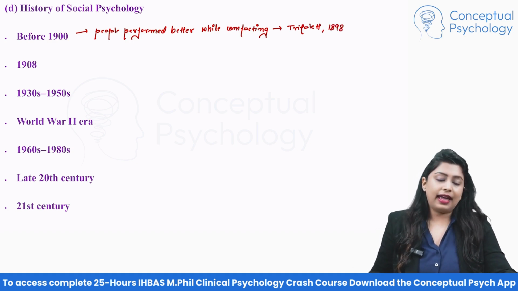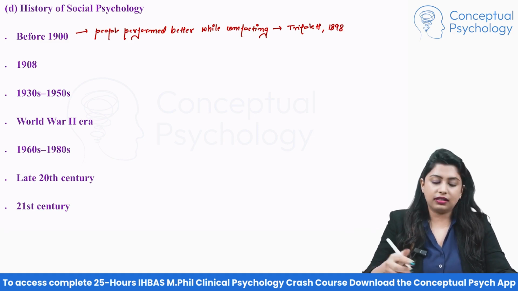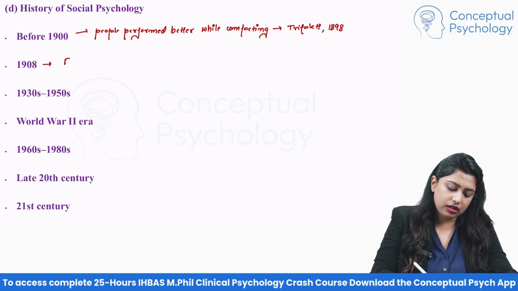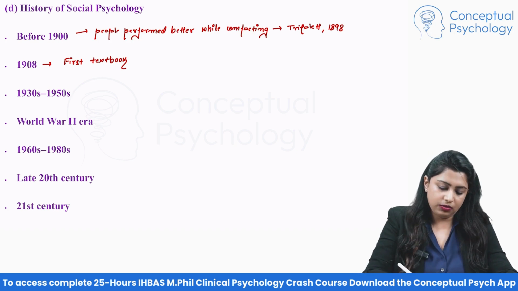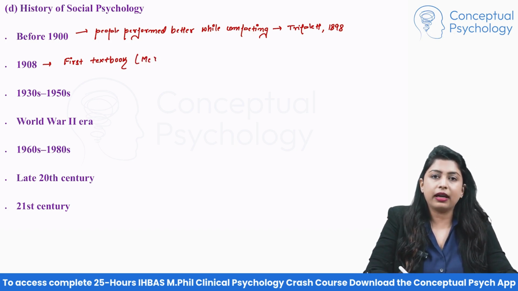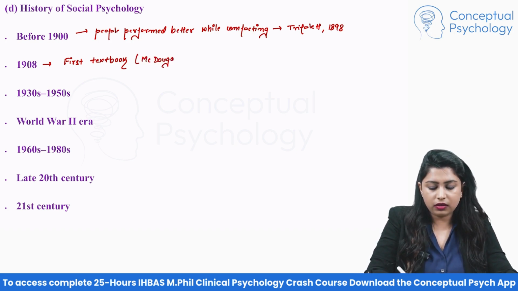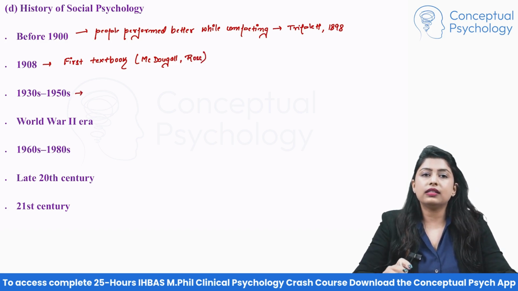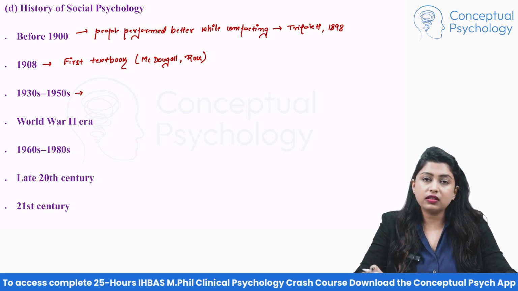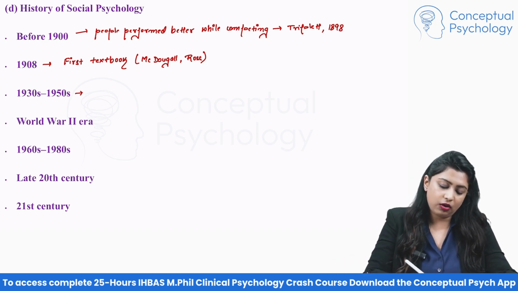Now in 1908, the first textbook of social psychology was released by McDougall and Ross. Now in the 1930s and the 1950s, Kurt Lewin, the father of modern social psychology.